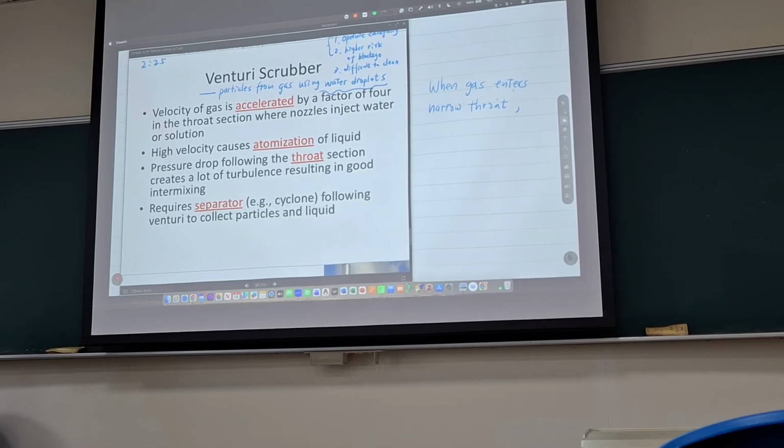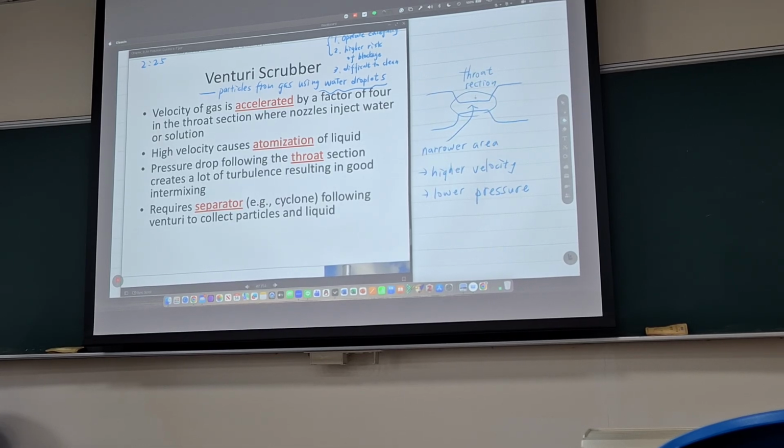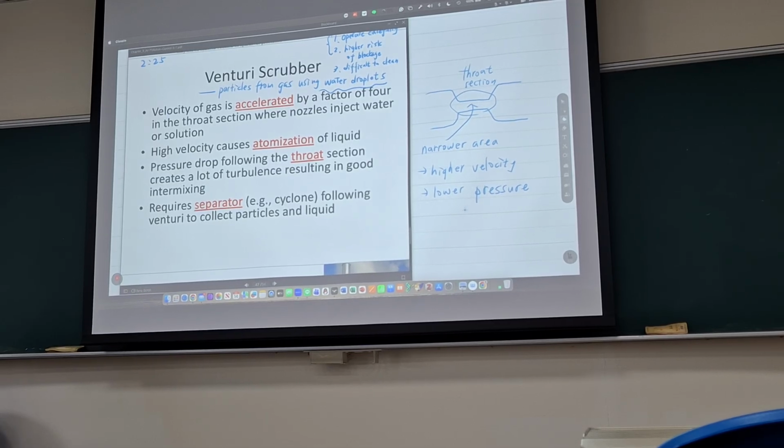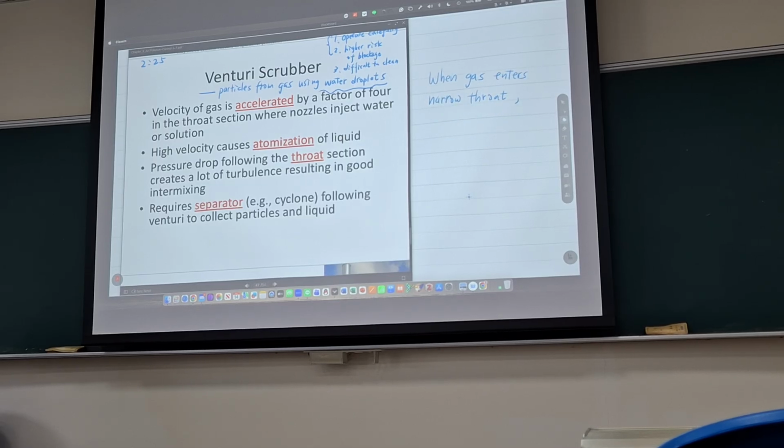When gas enters the narrow throat, what's going to happen? The velocity increases, right? This is the concept: the narrower the area, the higher the velocity, the lower the pressure. So when gas enters the narrow throat, the gas velocity increases.